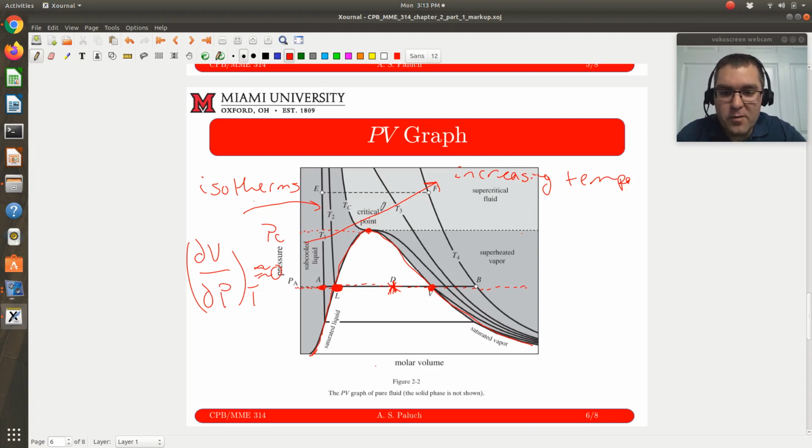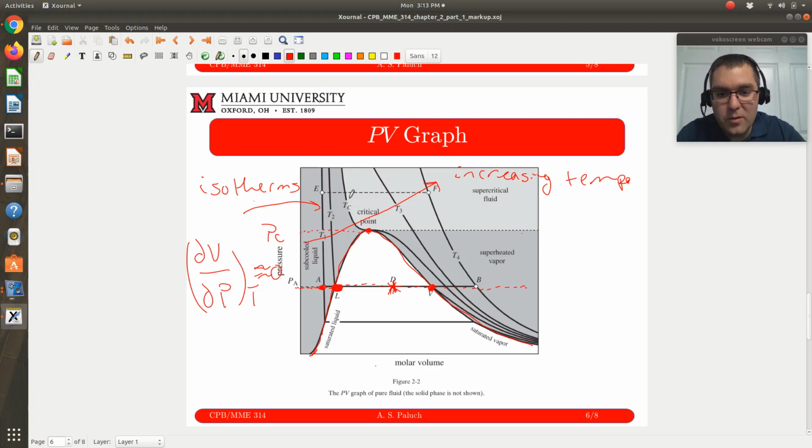So in terms of increasing temperature, what I'll notice is that in this liquid region, here again we're looking at P versus V, so a vertical line would be incompressible. The slope begins to decrease, deviating from that vertical limit as temperature increases. As temperature increases, the liquid becomes more compressible.